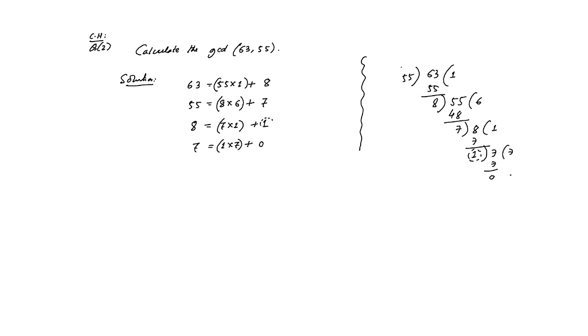So the last non-zero remainder is 1. Therefore, by the Euclidean algorithm, the GCD of 63 and 55 is 1, since 1 is the last non-zero remainder.